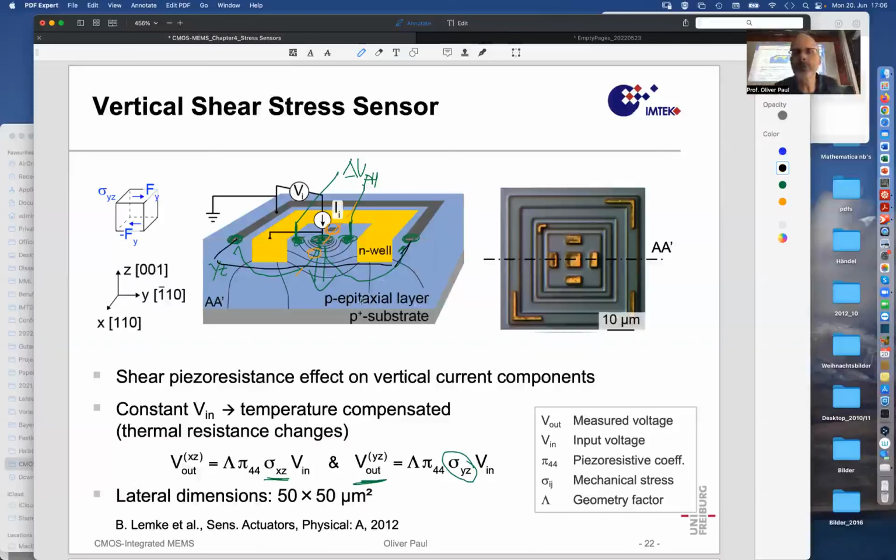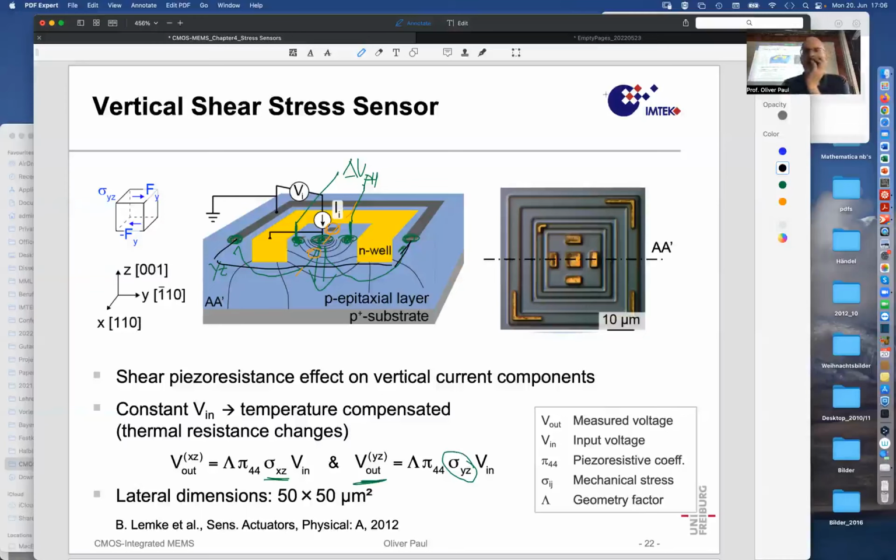And viewed from the top, you see the central contact, you see this surrounding contact. Actually, the surrounding contact is this one. And then you see these 4 other contacts that allow to measure the pseudo-Hall voltages caused by these 2 components of the out of plane shear stress.